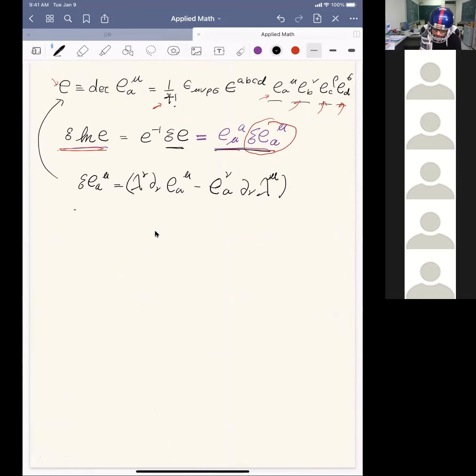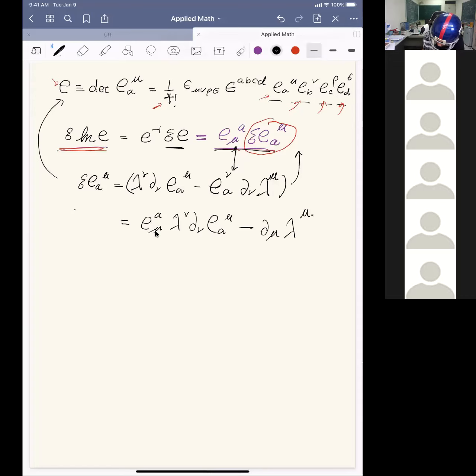It's all removed now. So now we can plug this transformation in. This is now equal to E_A^μ times λ^ν ∂_ν E_μ^A minus this multiplied by the inverse, so this just becomes ∂_μ λ^μ.